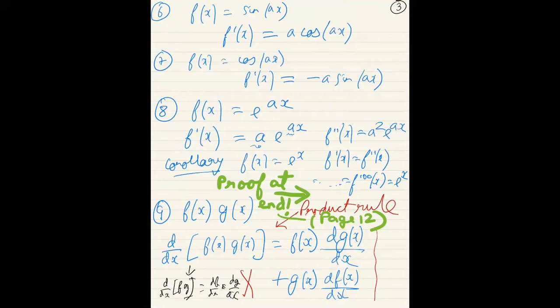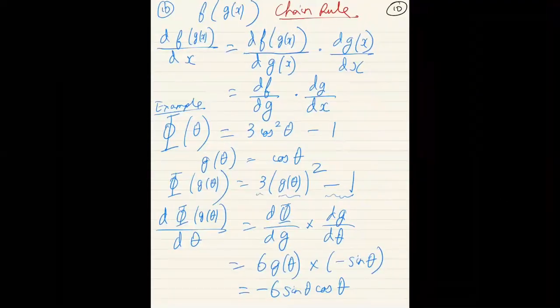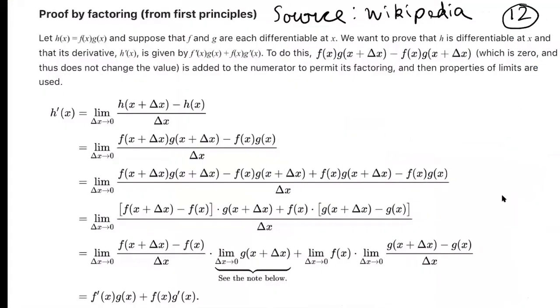You're holding one function constant, differentiating the other one, holding the second one constant, differentiating the first one. The proof can be derived by looking at the formula for the derivative as a limit, where you define h as a product of f multiplied by g. You are not really required to know this proof for PChem or most of chemistry, but it's useful to work through it once and see what it really means.